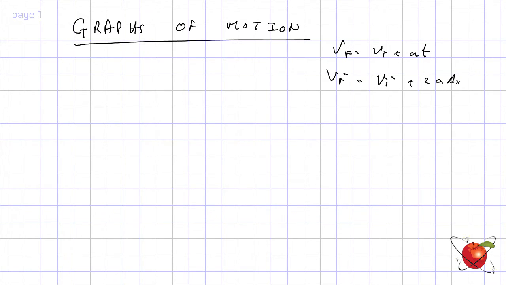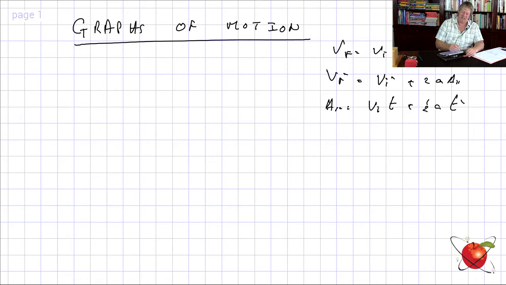We also had delta x equals Vi t plus a half A t squared. These laws of motion that we've got here, and of course the other one, where distance is a half Vf plus Vi over 2. But essentially, there's a factor involved in most of these laws of motion, and it comes in the word motion.